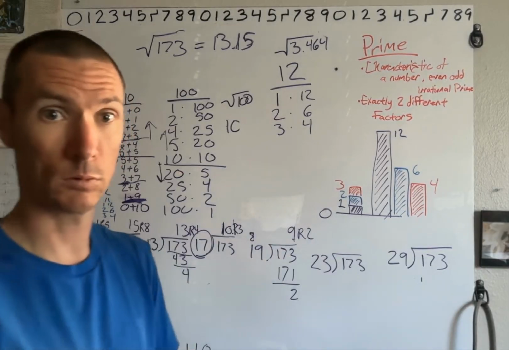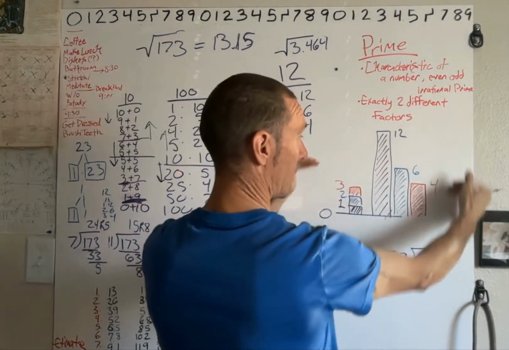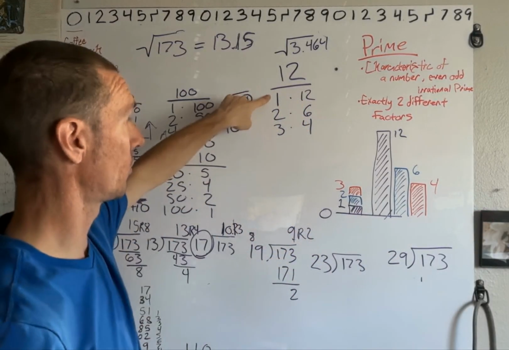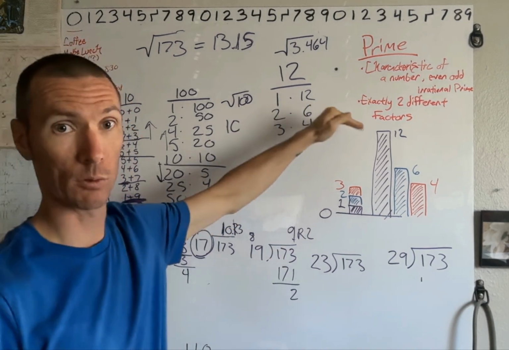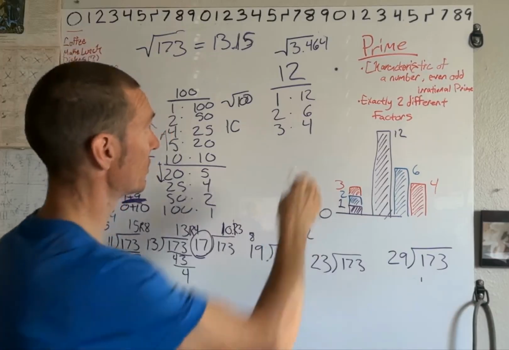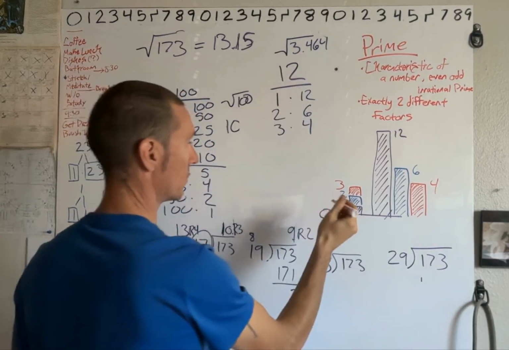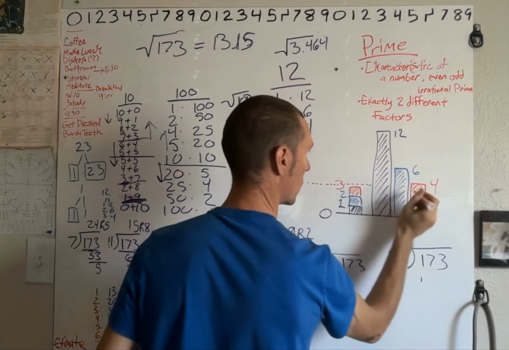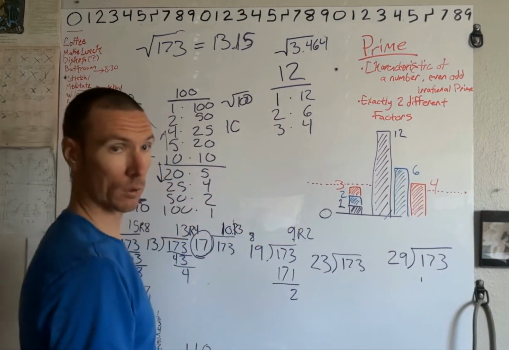Okay, you see how this one goes up and this one comes down. So this number is going up, it's getting larger, and this number is going down, it's getting smaller. And that's going to happen until you hit 3.464.